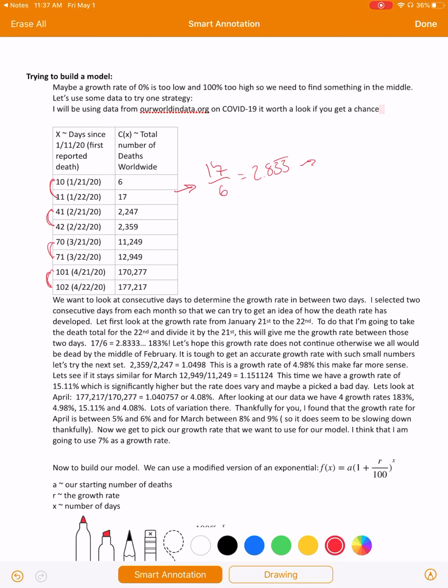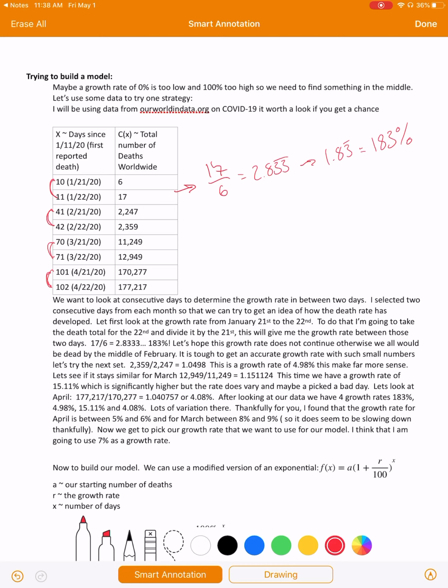So 2.833 minus 1 is 1.833, and then we multiply by 100 to get a percent, which is 183%, right? That's a massive growth rate. That's almost tripling every day. If we're tripling every day, then one day we've got 200,000 deaths, and the next day we have 600,000 deaths, and then we have 1.8 million deaths.